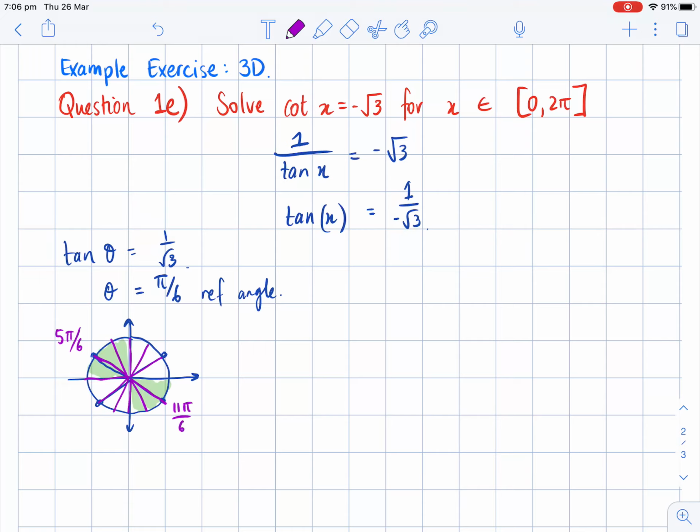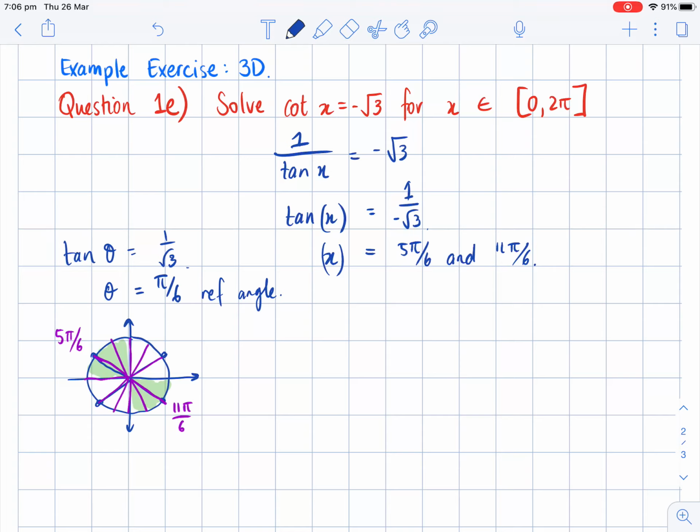And they are my two solutions that have negative 1 on root 3 in the unit circle. So I would go back up and say, right, x is equal to 5 pi on 6 and 11 pi on 6. And I've got my two solutions.